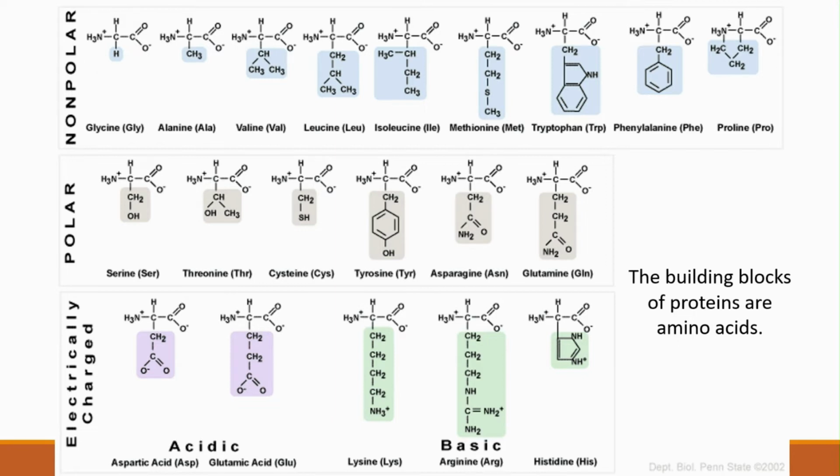For example, glycine at the very top left is the simplest of all amino acids and simply has a hydrogen as its variant. Recall that nucleotides are linked by their phosphate ribose bonds, while amino acids are linked by their amine carboxylic acid group bonds.